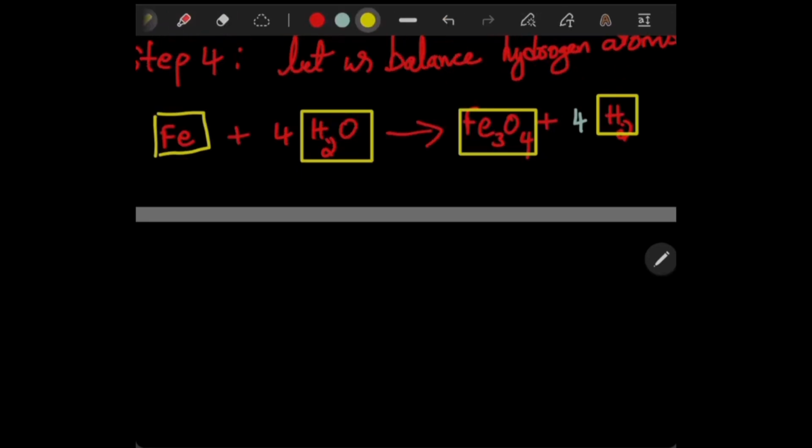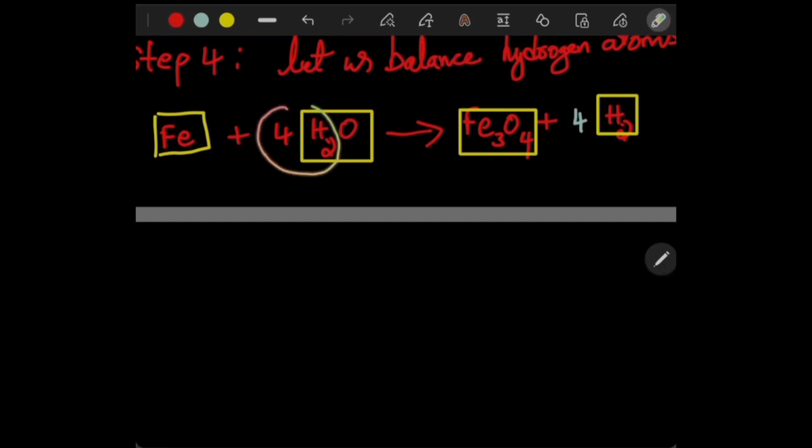Now the equation becomes like this. Here you can find that there are 8 hydrogen atoms on the left hand side, and on the right hand side also we have 8 hydrogen atoms. So the hydrogen atoms are balanced.